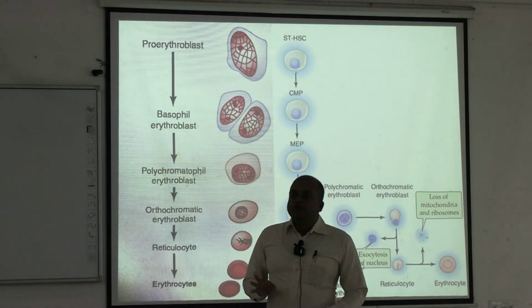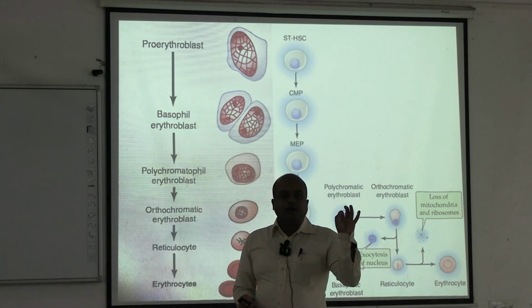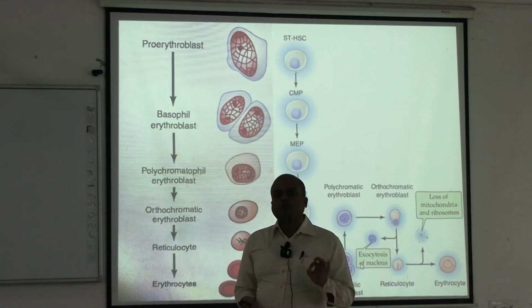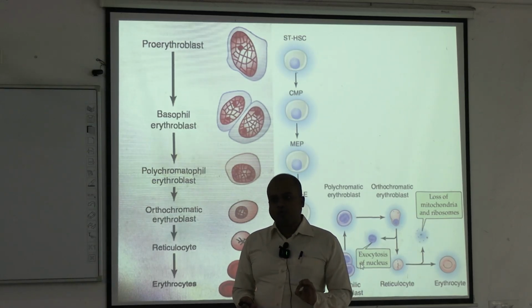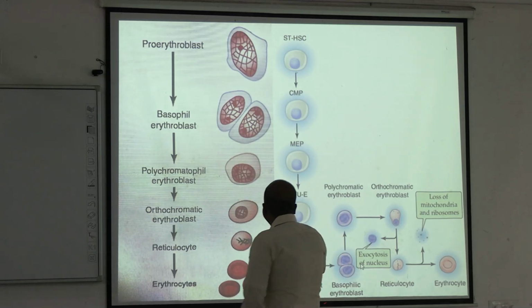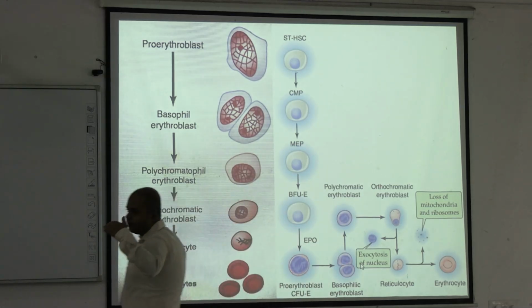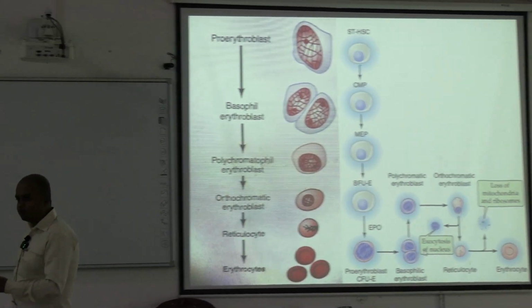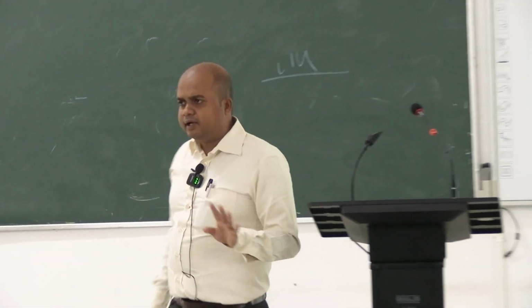In the books you read, you may find the terms early normoblast, intermediate and late normoblast, same as basophilic, polychromatic and orthochromatic erythroblast respectively. Erythroblast and normoblast are practically identical.